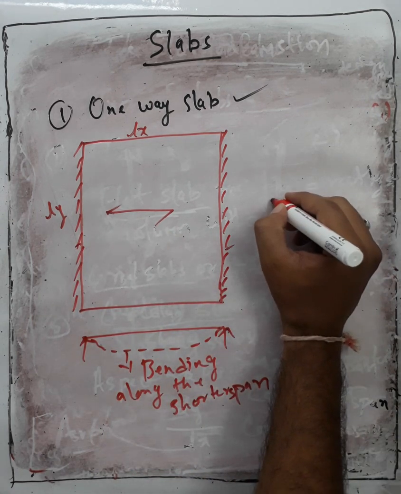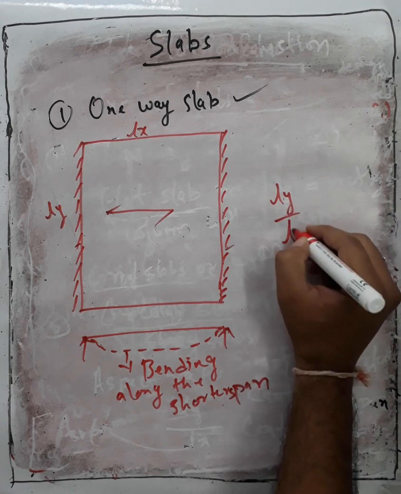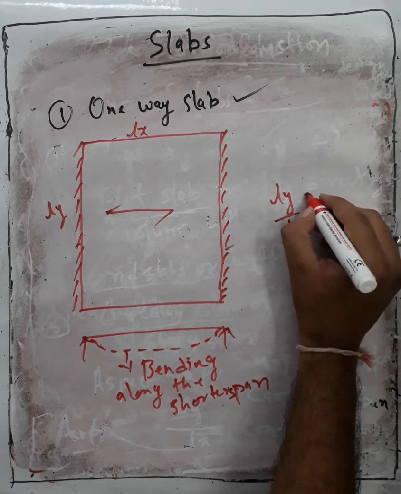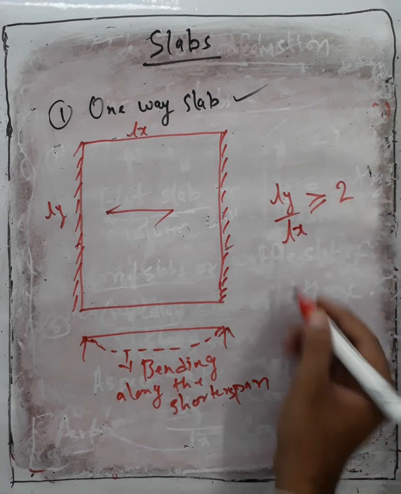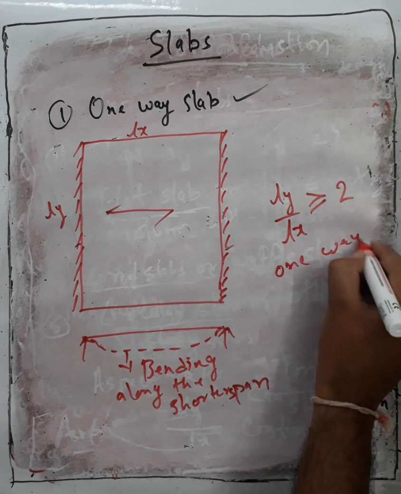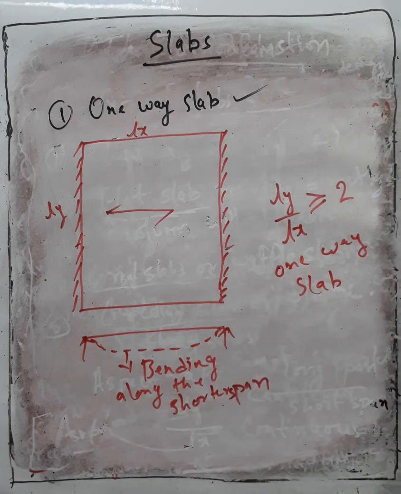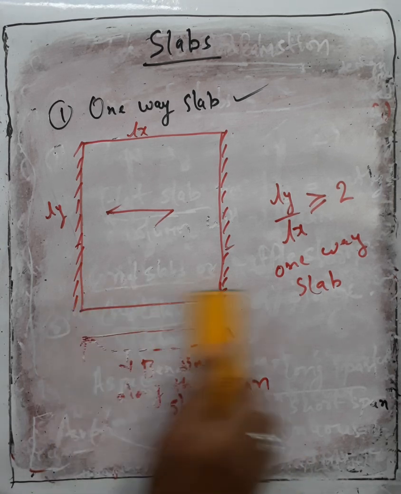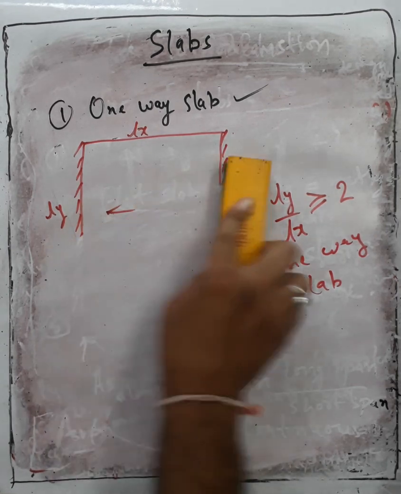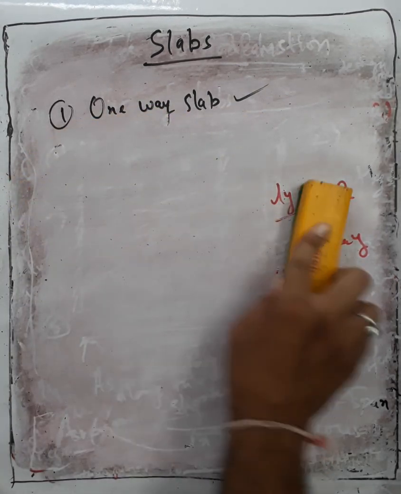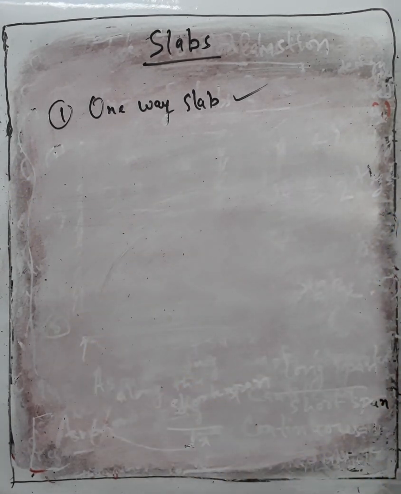Okay, and if we differentiate with the aspect ratio, then we say that if the Ly by Lx ratio is greater than or equal to 2, then we call it a one-way slab. When Ly by Lx ratio is greater than or equal to 2, it is known as a one-way slab, and this is the diagram of a one-way slab. So let's write some points on one-way slab. You remember this aspect ratio, Ly by Lx greater than or equal to 2 is the one-way slab.